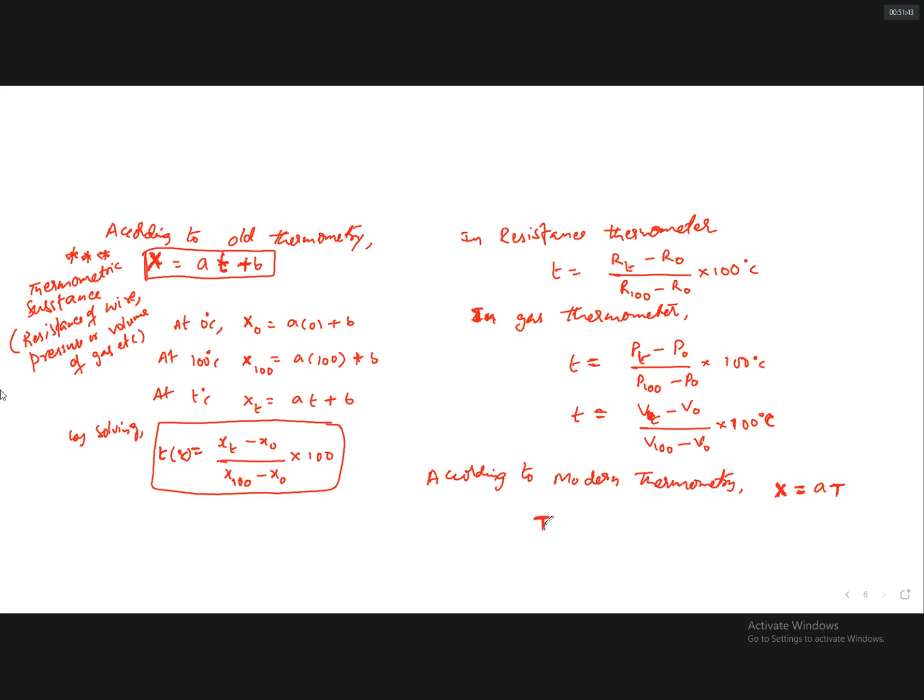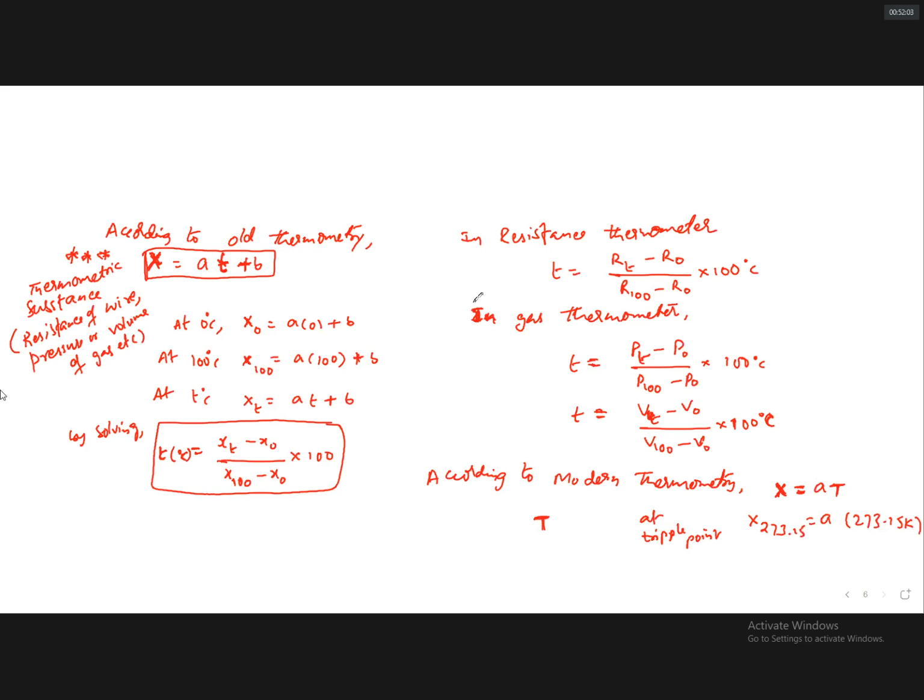Therefore, at the triple point temperature, the thermometric substance is X273.15. At the triple point temperature, X273.15 is equal to A into 273.15 Kelvin.